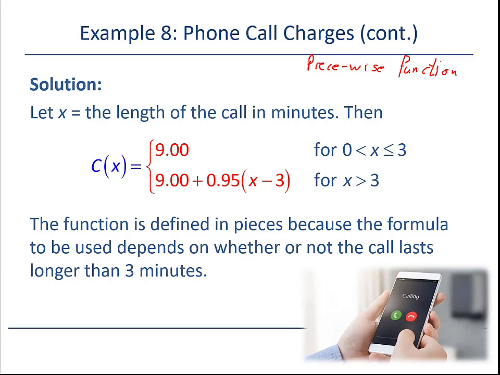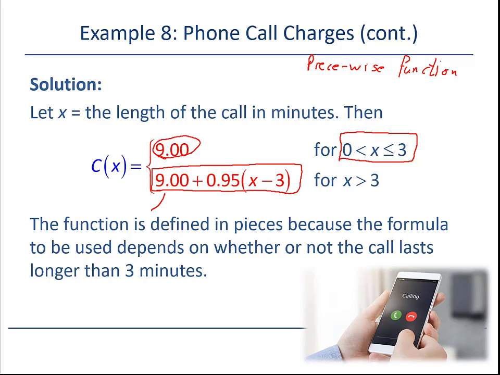What that means is you first have to look out here and see how many minutes you're actually spending online. If it's anything up to 3, then the calculation is very simple. If it's over 3, then you calculate it using this formula instead.